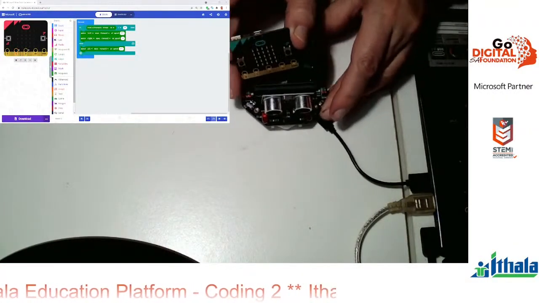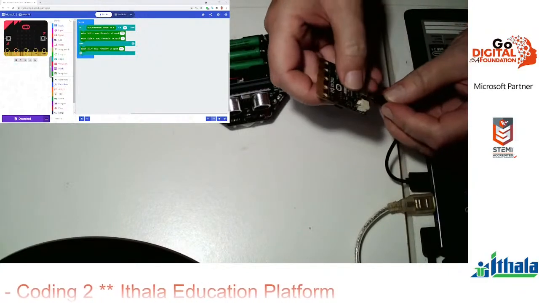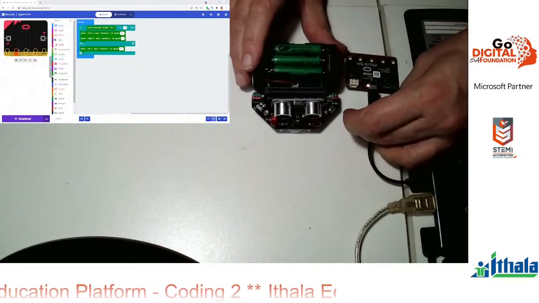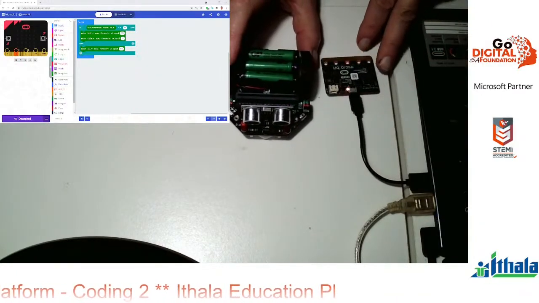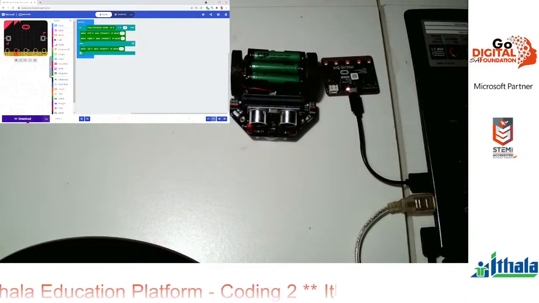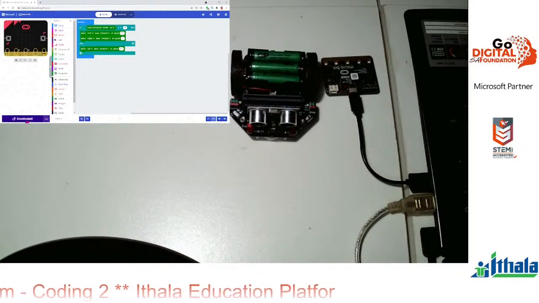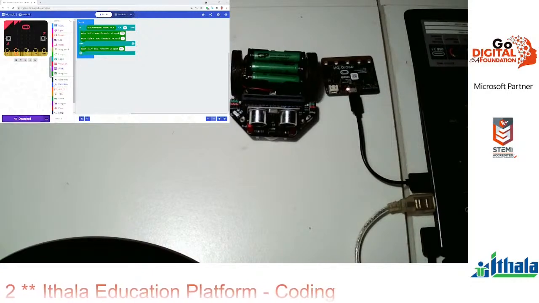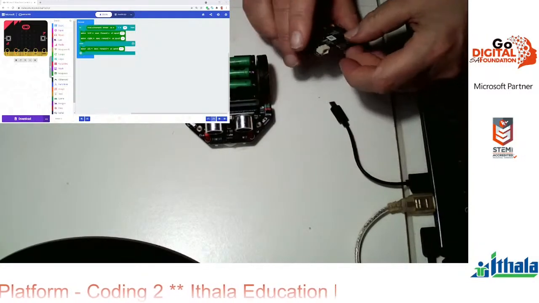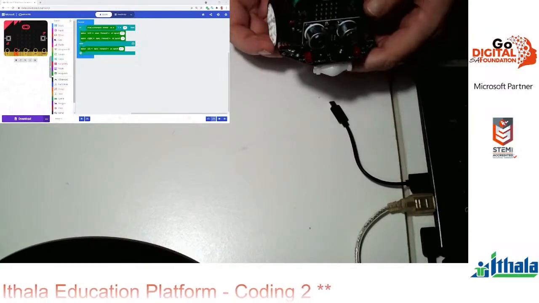So I'll take the microbit out, connect it to the USB cable again. Download. It's downloaded. We'll put it back in the robot. We can just test it.